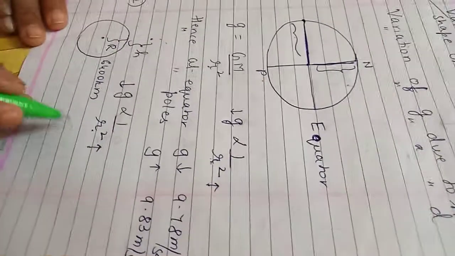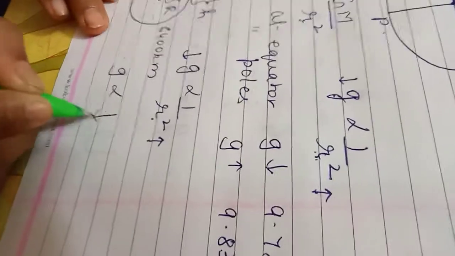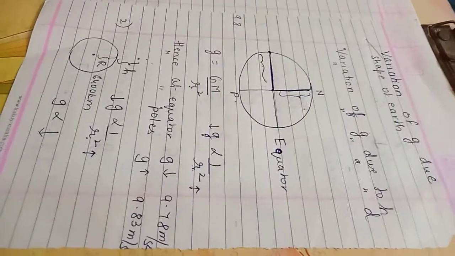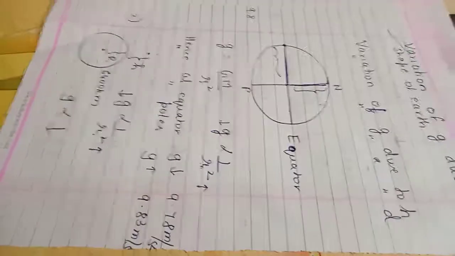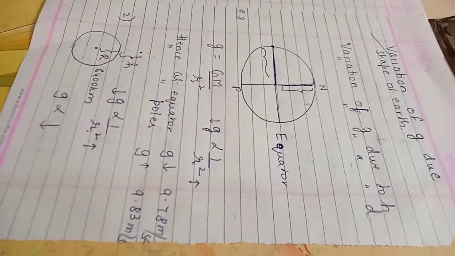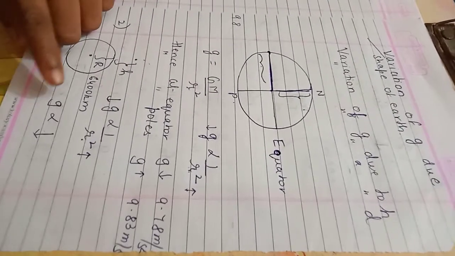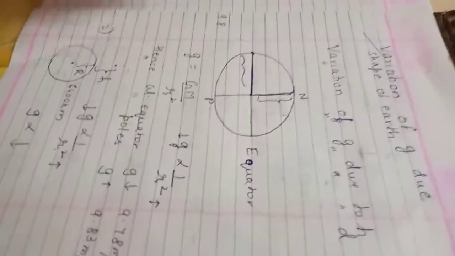Okay? Similarly, as we move to a depth deep below the Earth's surface, into mines and all that, the mine workers suffocate. Reason? Because as you move deeper and deeper into the Earth, the acceleration due to gravity again decreases. With depth also, acceleration due to gravity decreases.